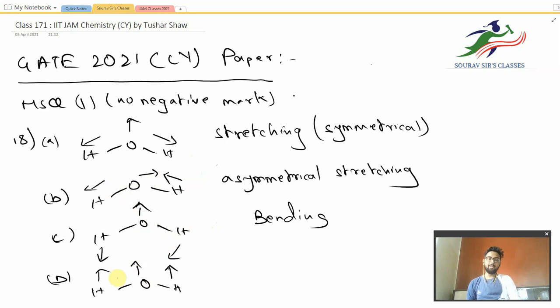But in the last option you can see that all the three arrows are pointing upward, that is, the molecule is going up. So that is not a mode of vibration at all. It is just the molecule moving from one place to another, all three atoms having their moving vector in the same direction. So the molecule overall is moving, and that is not a vibration at all. The structure makes no sense.